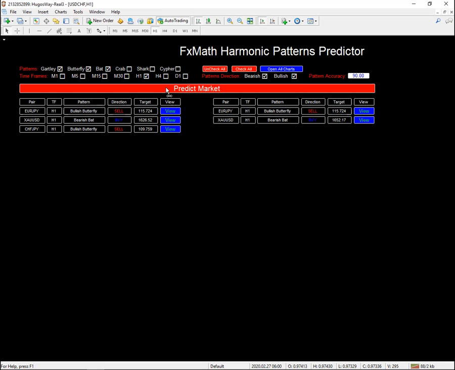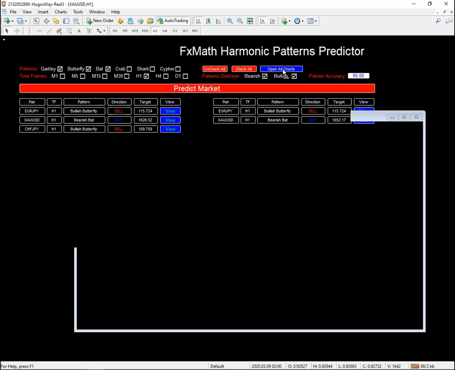At this time, I see that the scanner identified three pairs to potentially find setups: EJ, Gold, and CHFJPY. I'm gonna open all of the charts.